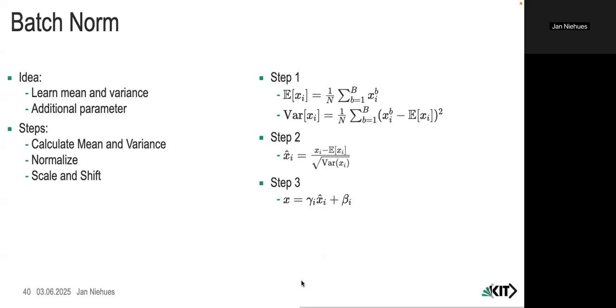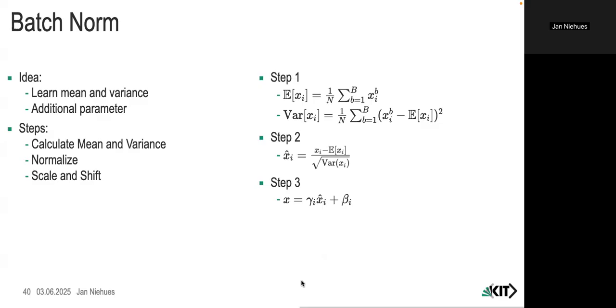So that's why we're implementing it now in these 3 steps. We first calculate the expectation and the variance, then we do step 2 where we normalize things, and then we do step 3 where we're rescaling them.